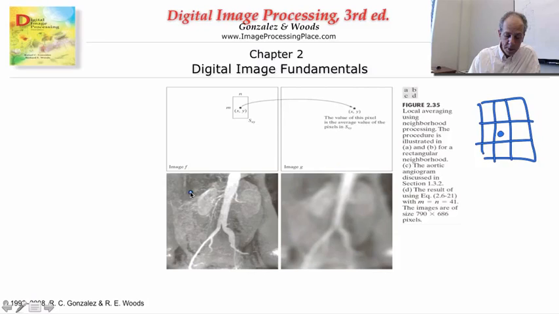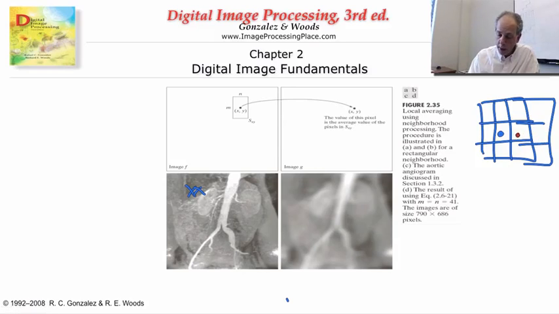So we go to this pixel. I'm going to mark it here. We go to its 8 neighborhood, and we replace the value of the pixel by the average of the pixels around. Then we go to the next pixel, and we do the same. There will be overlapping. I'm going to just use a different color here.